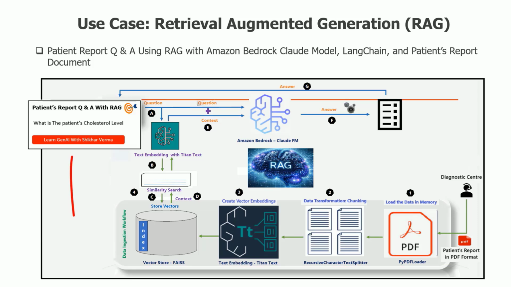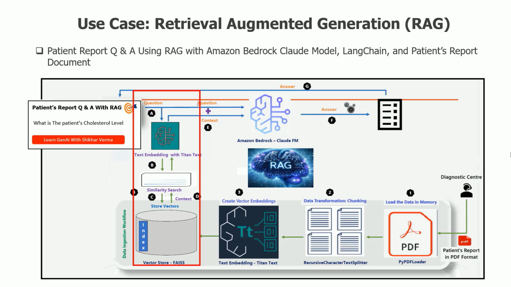Now the next step is when a user or medical staff or a doctor asks a question about the patient reports. And here the question is, what is the patient's cholesterol level? This is what you can see in this image as well. The system performs a similarity search in the vector database to retrieve the most relevant text chunks.